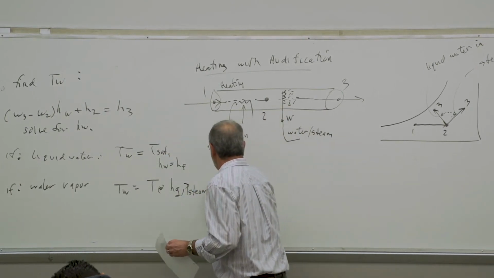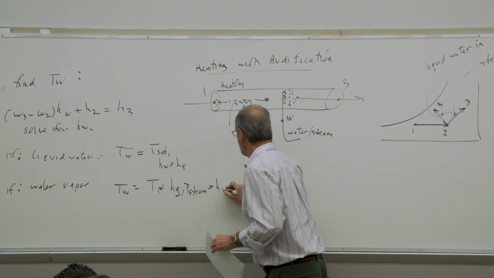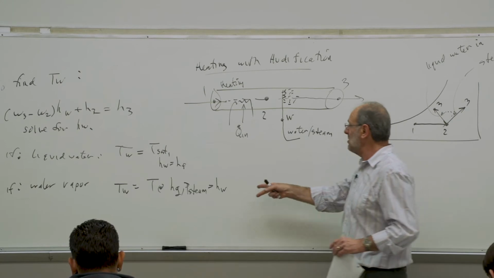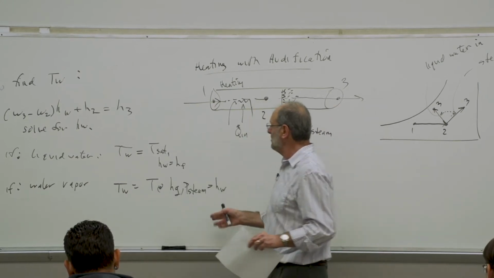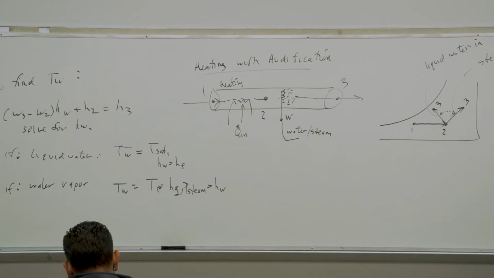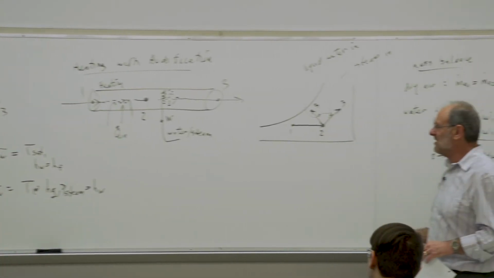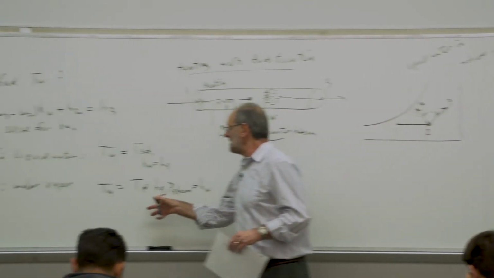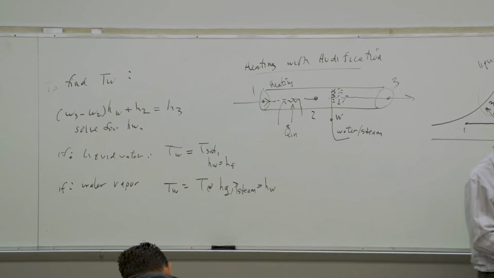Maybe I should say Hg at the pressure of the steam is my HW term. But having calculated HW, we can again go into our tables. This time we'll have to look down the saturated vapor column and find the value of Hg that's shown in the tables, and then just find the appropriate temperature that corresponds to that pressure. So again, this is something you would just have to keep in mind.